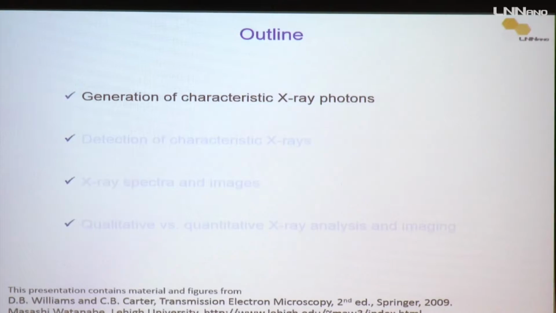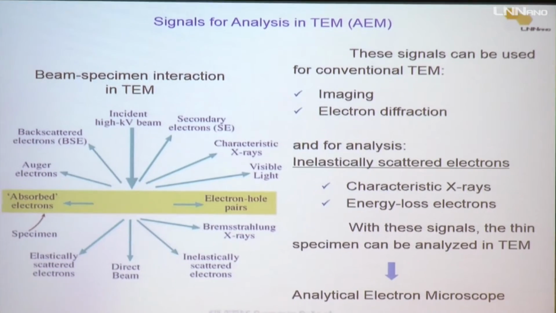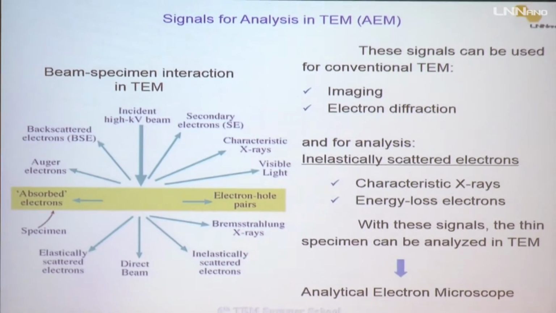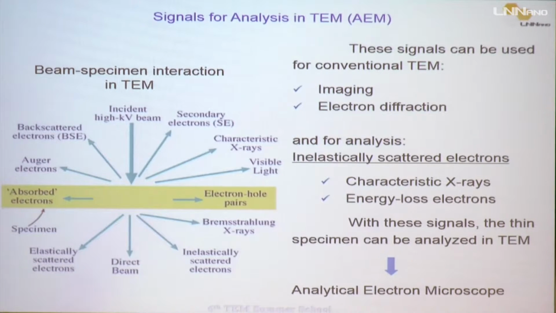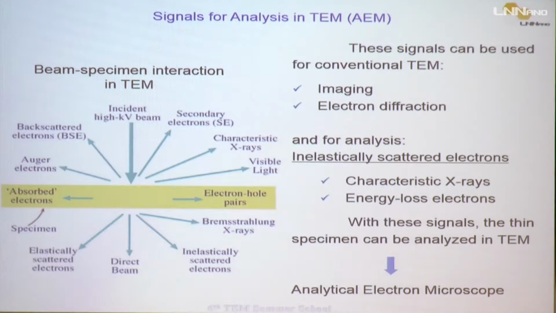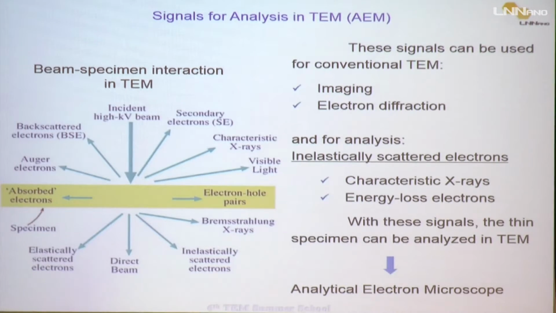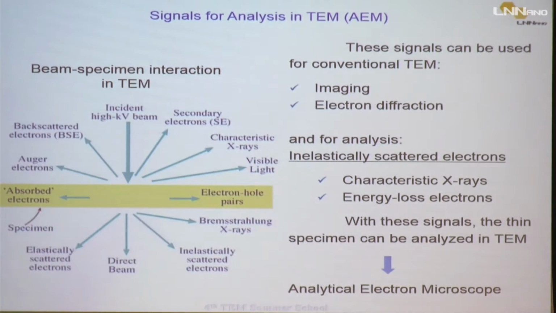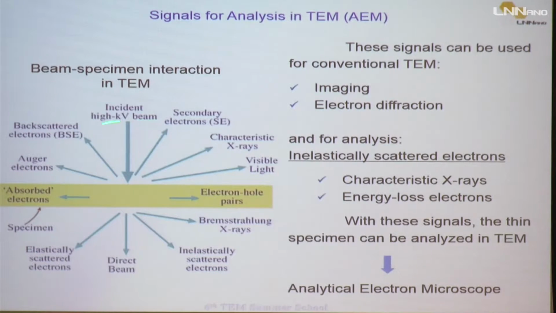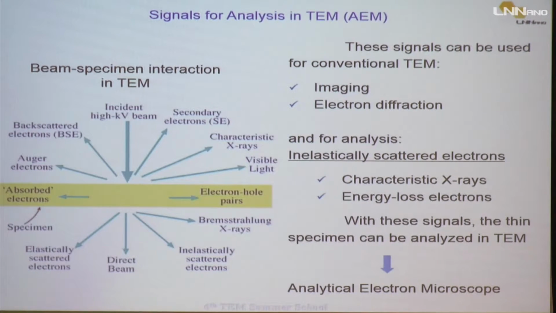Well, first, generation. As you saw in the presentation of Professor Arenal, when an electron beam strikes the sample, we will have many different types of interactions that will generate different signals.